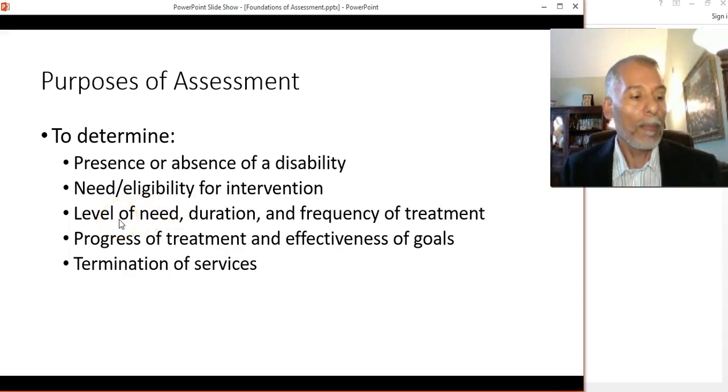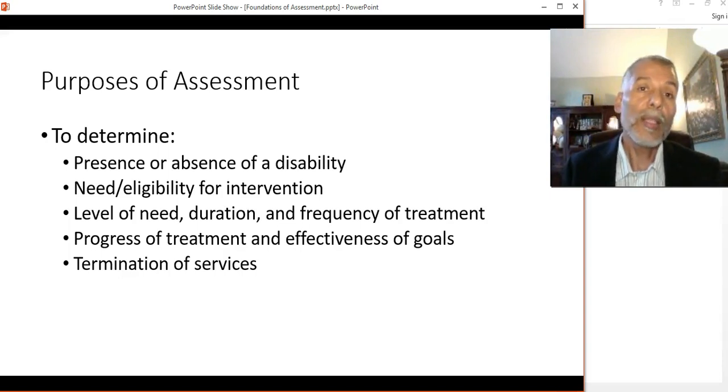Based on the severity, obviously a moderate level is going to require more services than a mild case, and a severe is going to require more than either one, or than both of them.